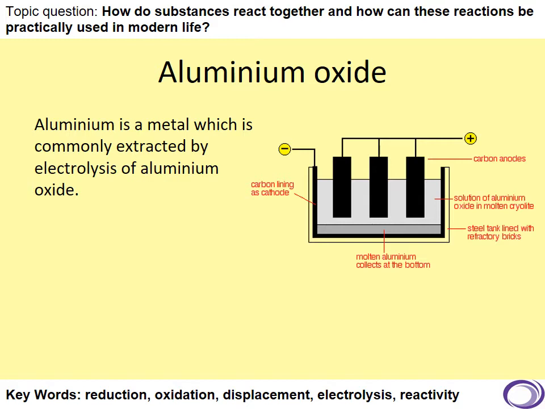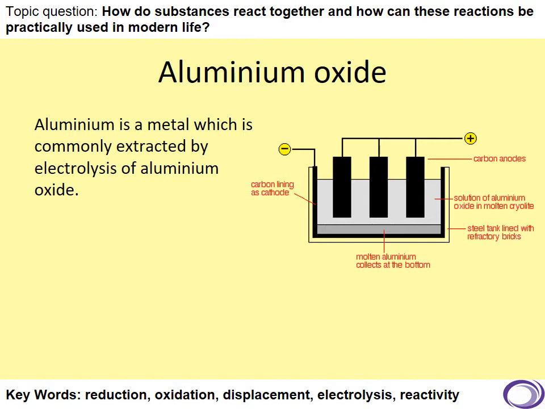So we have the two electrodes. The positive electrodes are suspended in the electrolyte solution, and the negative electrode forms the outer casing. Now, aluminium oxide has an extremely high melting point and it does not dissolve in water.